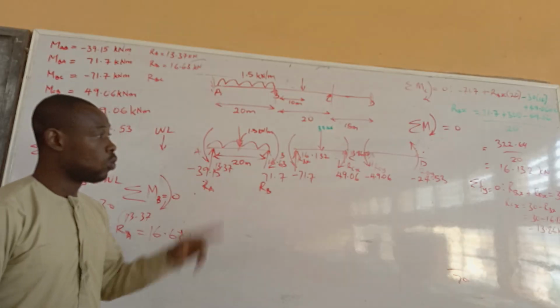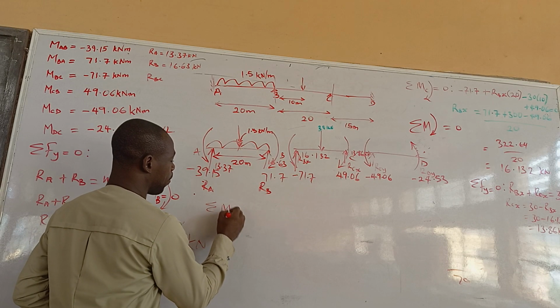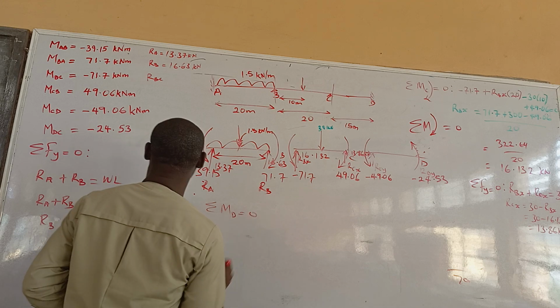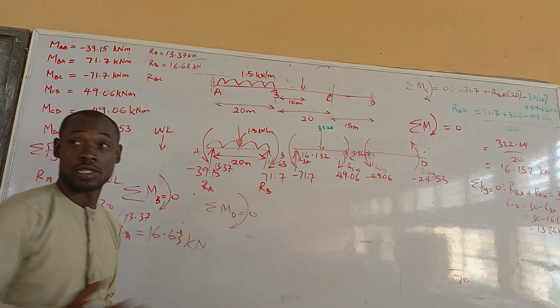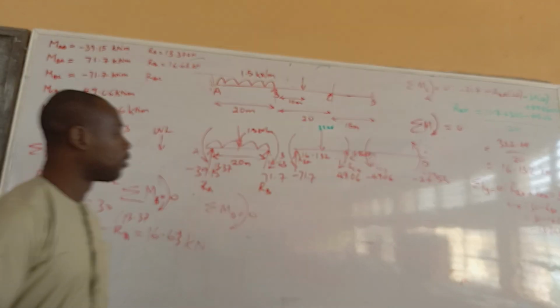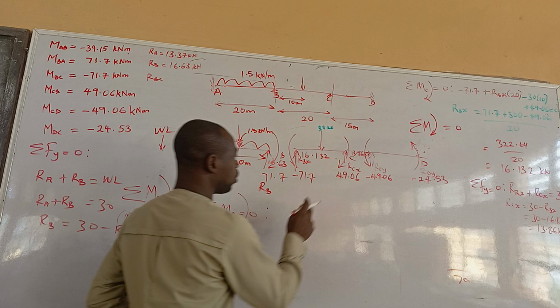How do we go about that? We take moments about D, summation of moments about D to be equal to 0. Don't forget our sign convention. We said this one is positive. That's what we have been using, right? Yes. So now, if you have said that, how will I write this equation?